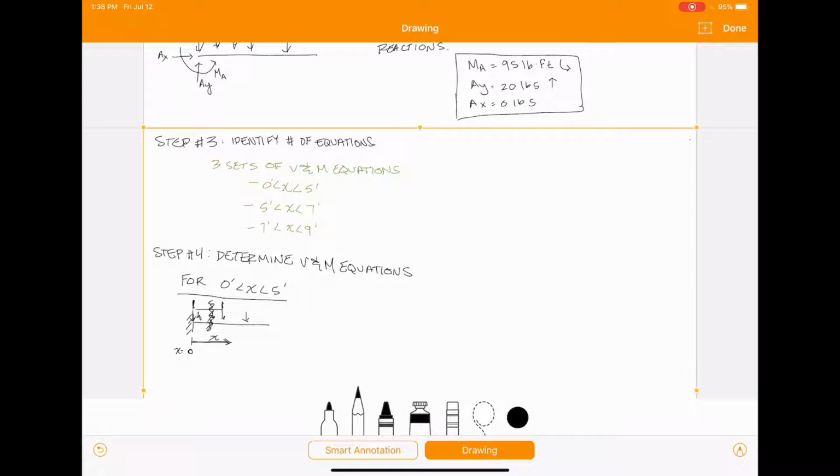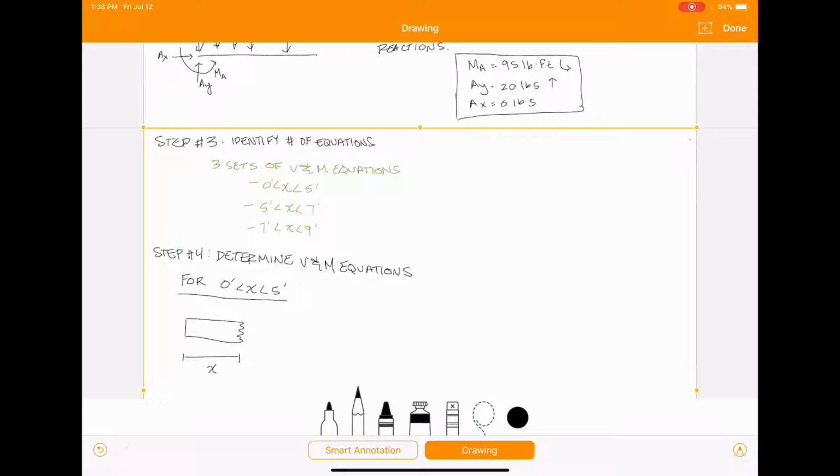So somewhere in this distributed load area, we're going to cut it at a distance x. So again, we're going to have our beam. We're going to cut it at a distance x. And we're going to draw a free body diagram of this cut portion.